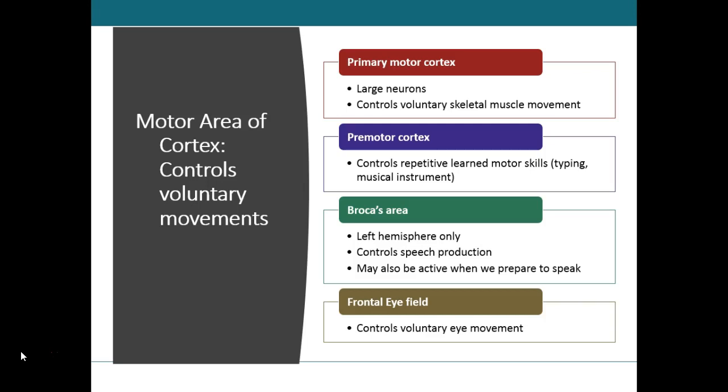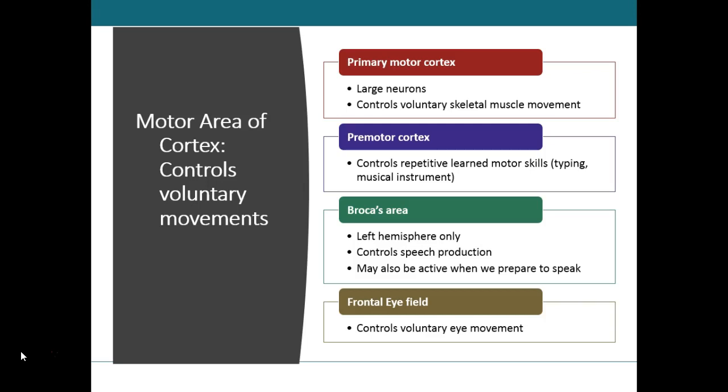It communicates with the primary motor cortex and the sensory association areas, and all of this information is put together so that we have the ability to do activities that are of a complex or sequential nature. So it causes a specific group of muscles to contract in a specific sequence, such as typing or writing or playing a musical instrument.